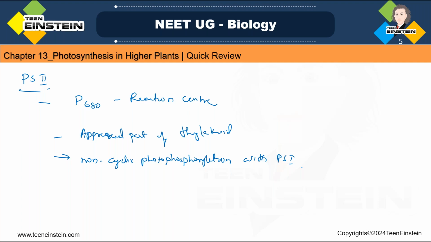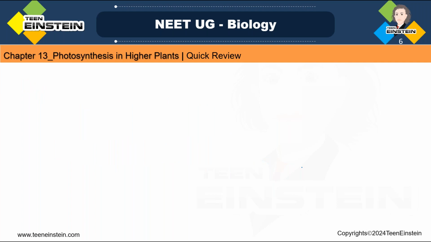Okay, so that's about the light absorption. Next, we said about splitting of water, right? These processes are the events in the photochemical phase. Light absorption, PS1 and PS2 now we have learned.